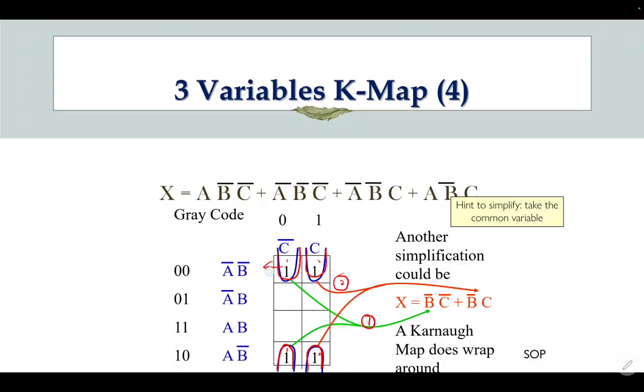So here, read here and 1 in the bottom. Right here, so you have to compare here and here. This one is A, B, A, B. You see A change state from 0 to 1. You don't read A. B is 0 and 0, B bar. So you read B bar. C, so C is 0 here. Nothing to compare. You got C bar. So you finish a grouping number 1.